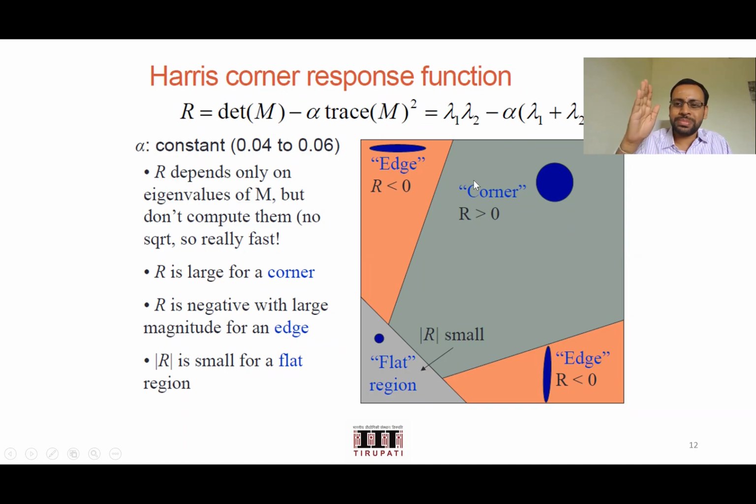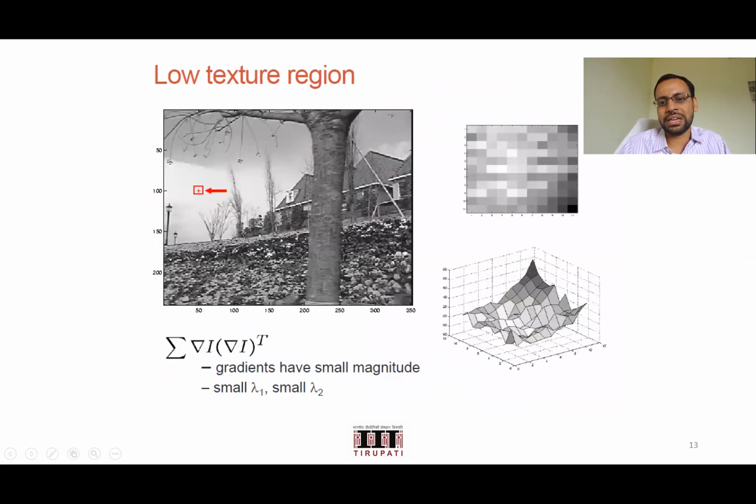So given a matrix, this is how you are going to infer the relative magnitudes of lambda 1 and lambda 2 by computing this R. If R is very large, you say that's a corner point. If R is a negative and large value, then you say it is an edge. If the magnitude of R is very small, you say it is a flat region.